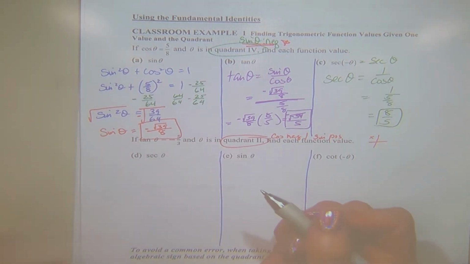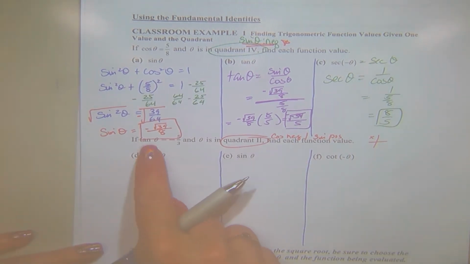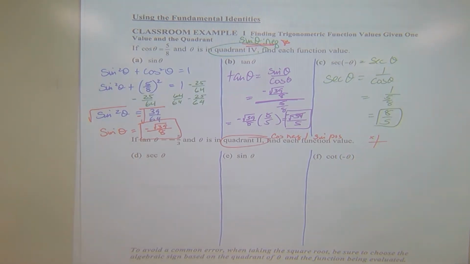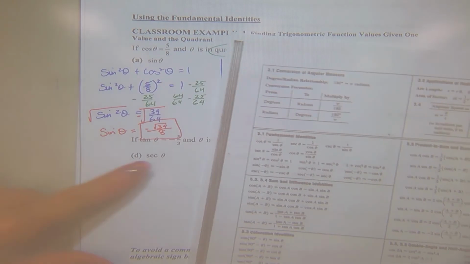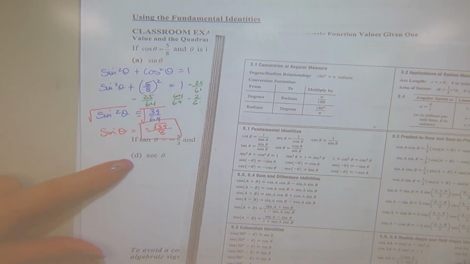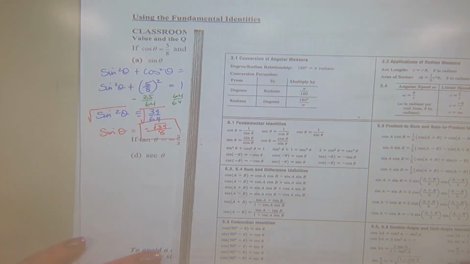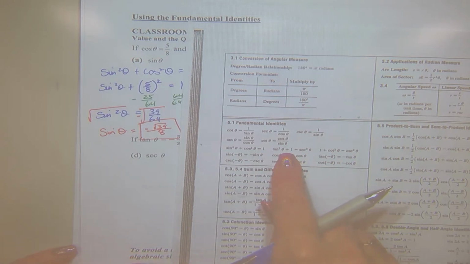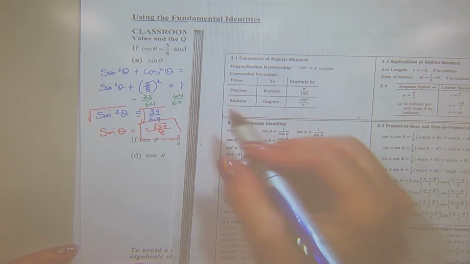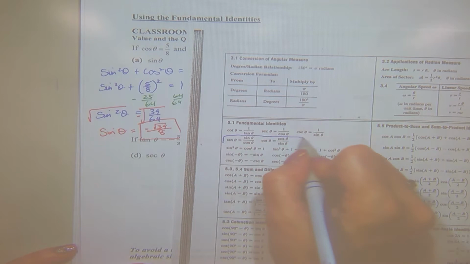All right, secant theta. I'm given tangent, I need secant, so I'm going to look back at my identity sheet and find an identity that ties together tangent and secant. My identity that ties together tangent and secant is the second Pythagorean identity. These are my 3 Pythagorean identities right there.